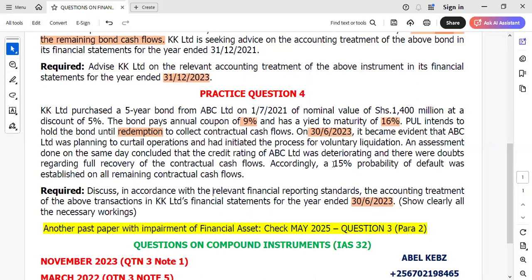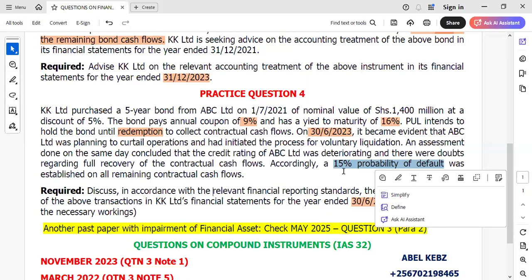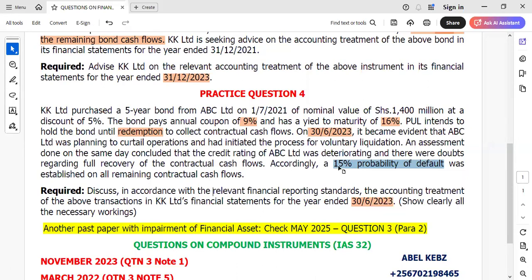What do we do there? This is 15% probability of default. So if this is the probability of default, what is the probability of recovering the balance? 85%. So as you determine the expected cash flow, it will be 85%.